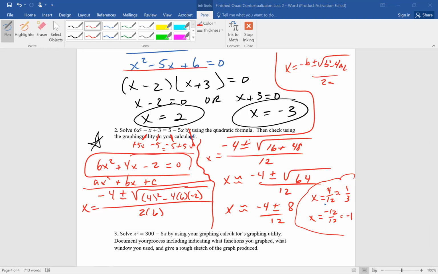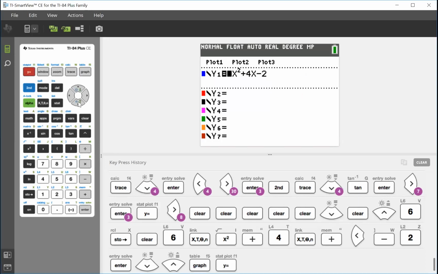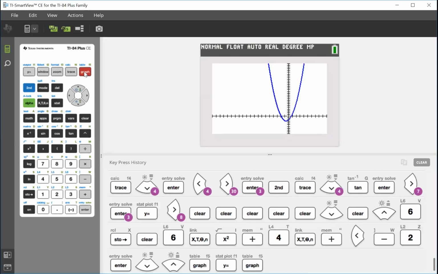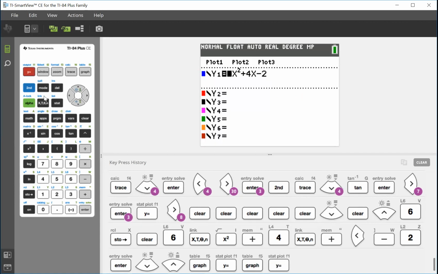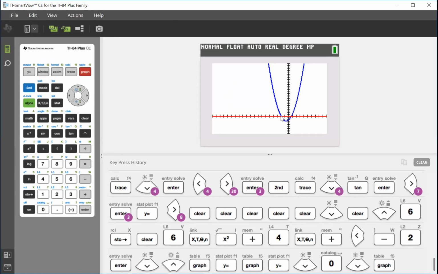That's what I got when I graphed that same function. All I did is say y equals. Because you want to know when that thing equals 0, your other y line has to be 0 right there, so that you have a couple of intersections here.